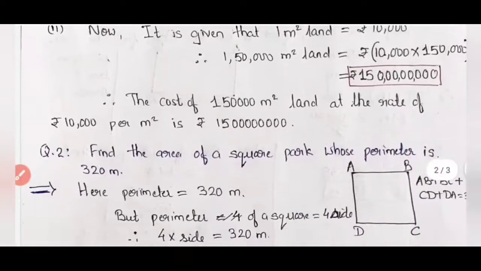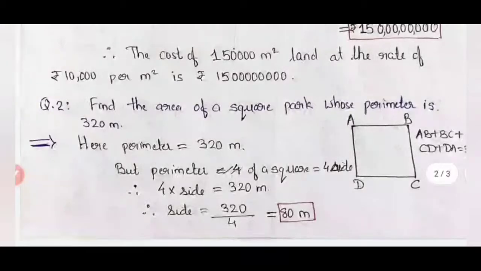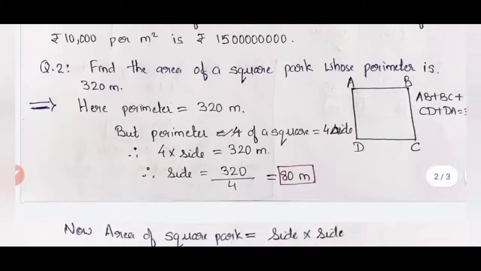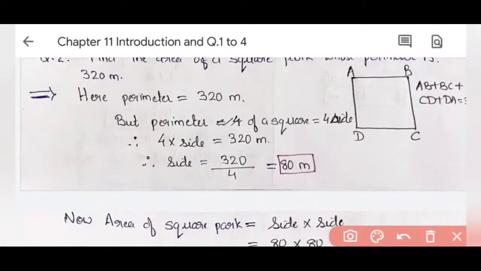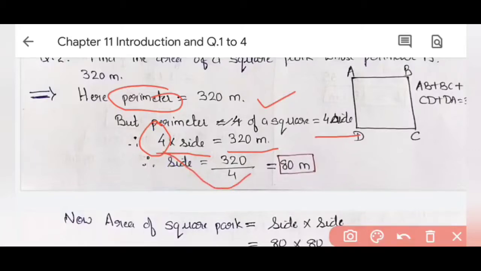You know that perimeter is equal to 320 meter. So I will write like this. But perimeter is equal to 4 into side. That I am going to put here in place of perimeter. 4 into side is equal to 320 meter. This 4 which is in multiplication will go in division.